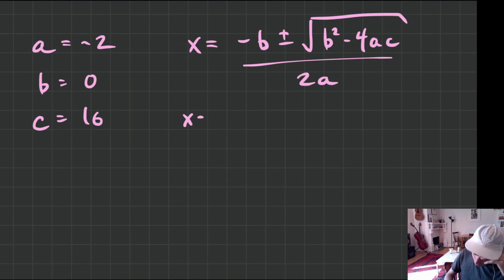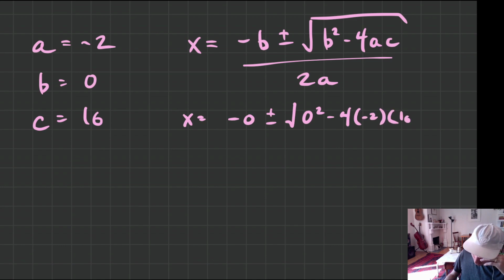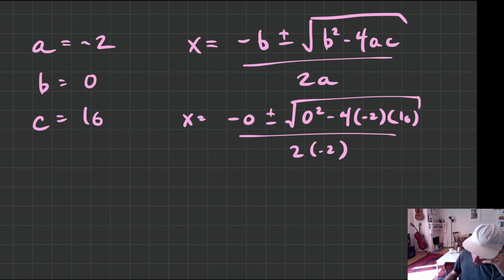So x then is equal to, well, negative 0 plus or minus the square root of 0 squared minus 4 times negative 2 times 16, all over 2a, and that's 2 times negative 2.